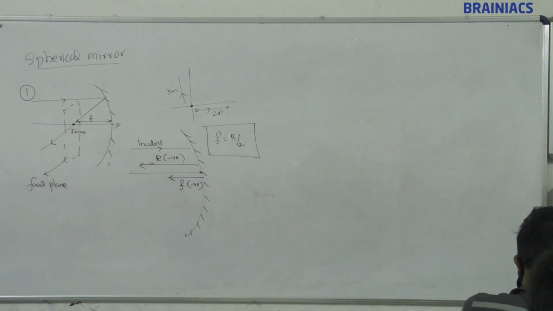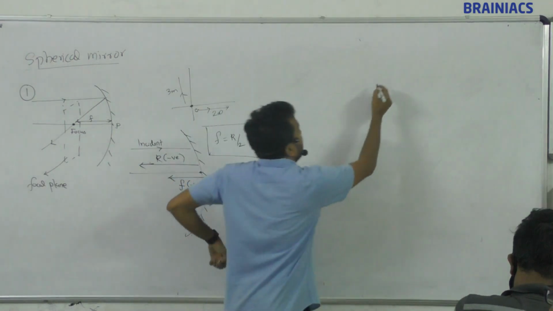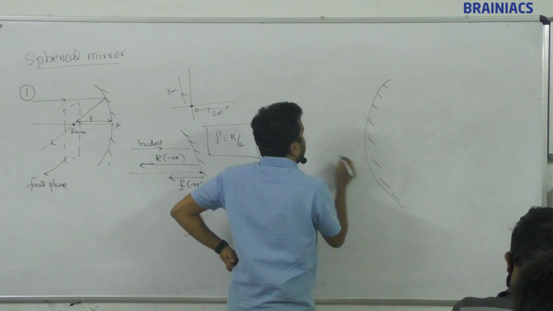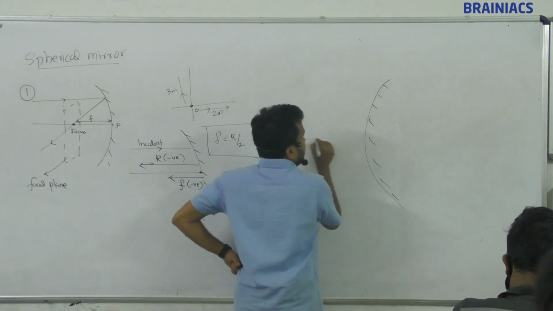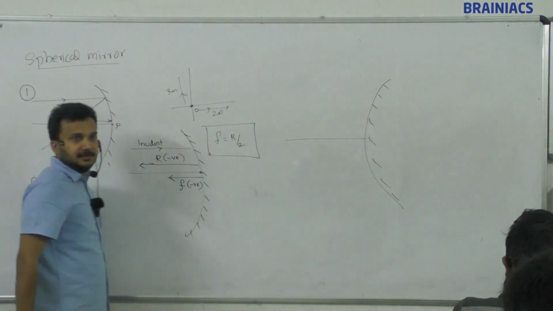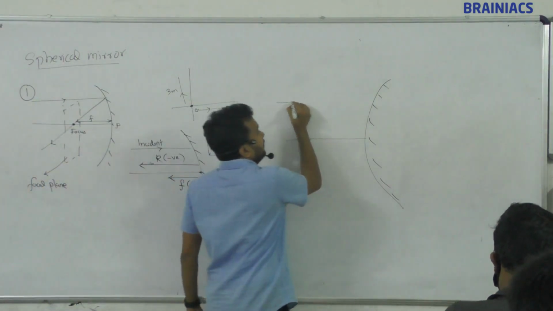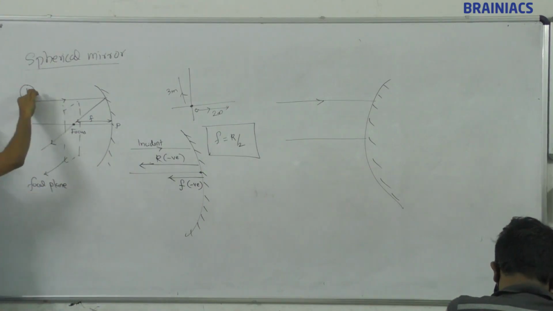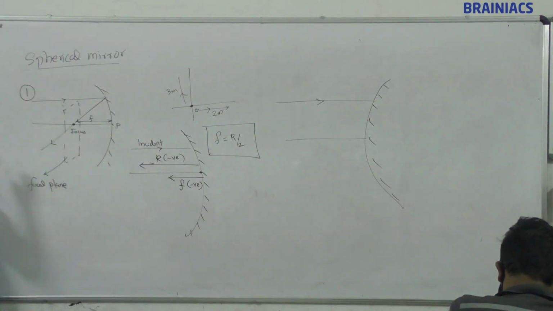Now if I draw the same diagram for a convex mirror, what will happen? This is the principal axis, and this is an incident ray. Here you can see the rays are coming and converging.